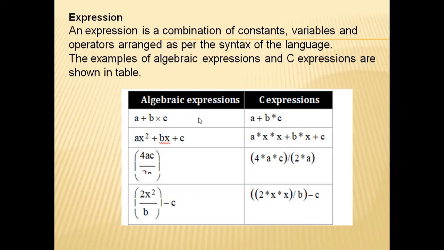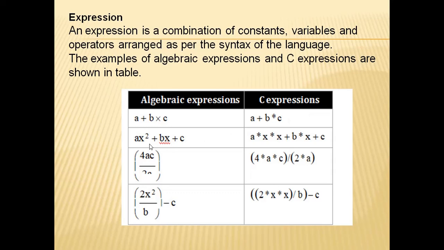The algebraic expression a + b * c can be written in C as a + b * c. Here plus and asterisk are the operators, and a, b, c are the operands. This is the addition operator, this is the multiplication operator.